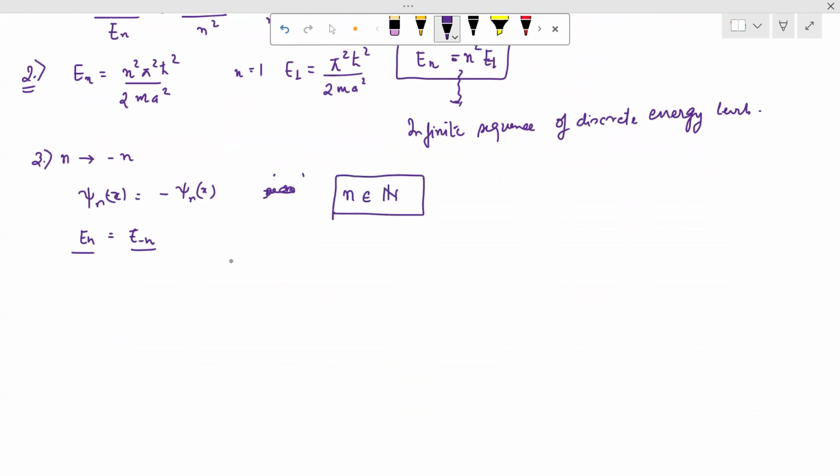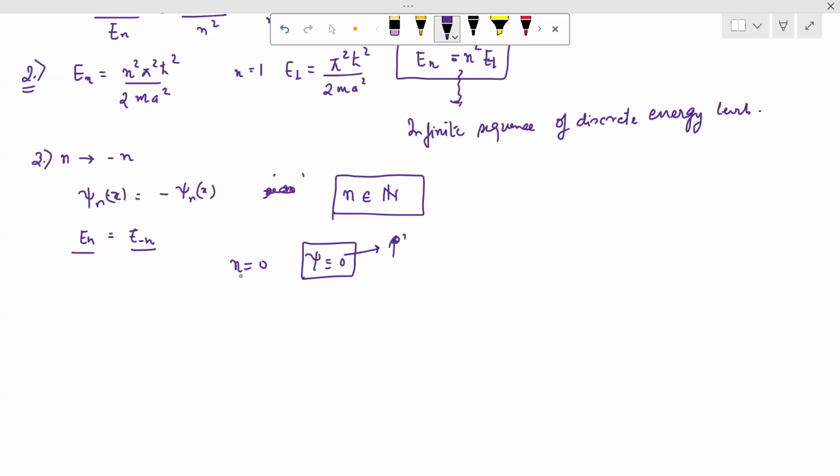And if you take n equals 0, then you would simply get psi equal to 0, which is certainly a very trivial solution. And it is not physically acceptable. So this will give you a physically unacceptable solution.